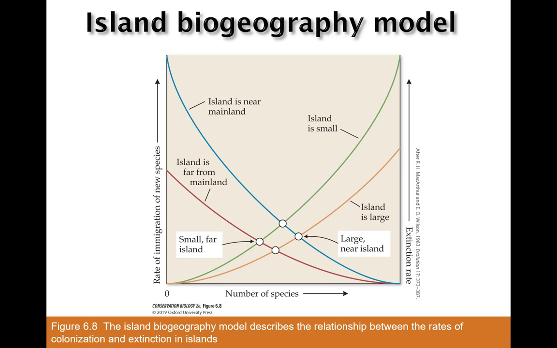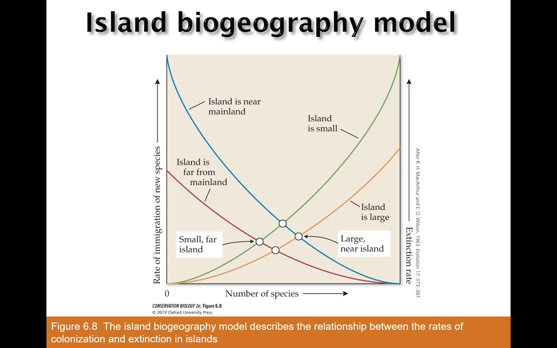The extinction rates, which are shown in green and gold on this graph, increase with the number of species on the island. As we get more species, each of those individuals becomes less dominant, and when an individual becomes less dominant, it has a smaller population size and therefore a greater chance of going extinct.